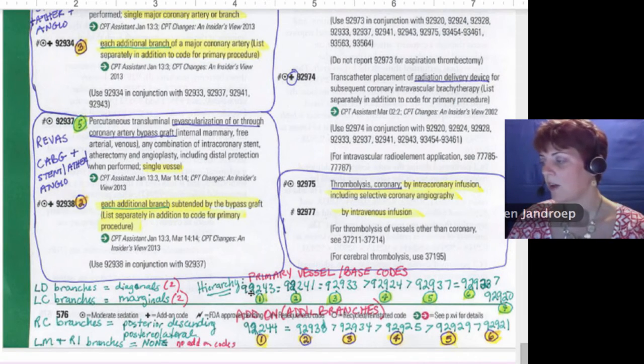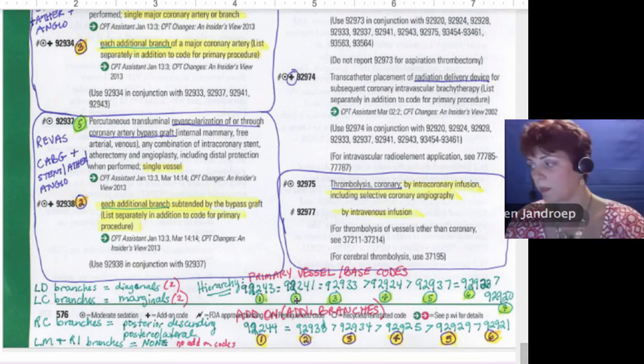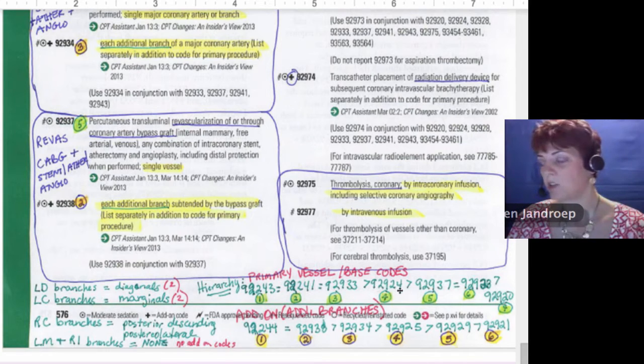And the hierarchy of how these work, I've numbered them. This is 92943. That's your first one. 92941 is the second one in the pecking order. Then 92933 is the third one, 92924 is the fourth one, 92937 is the fifth, and 92928 is the sixth, and 92920 is the seventh.